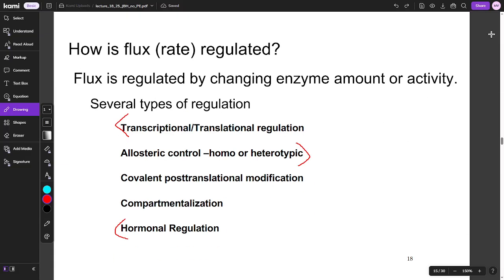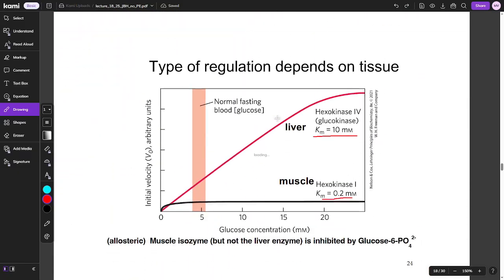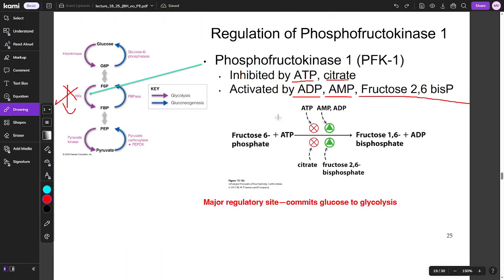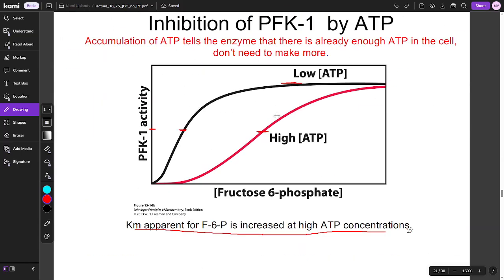So, let me just double check that. Never mind, I lied. There is a version of PFK2 that looks like it's in muscles, but I don't think that was mentioned here, which is why I was looking for it.